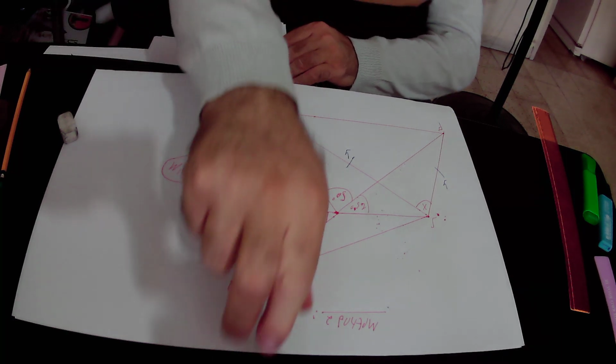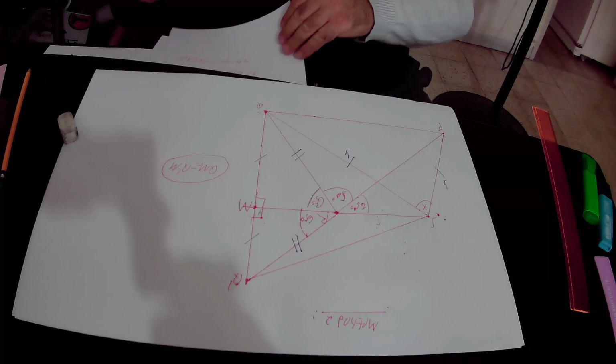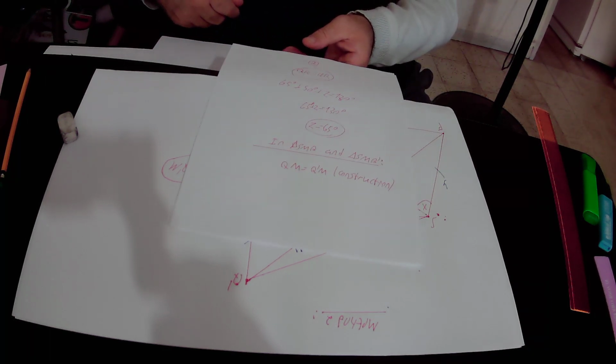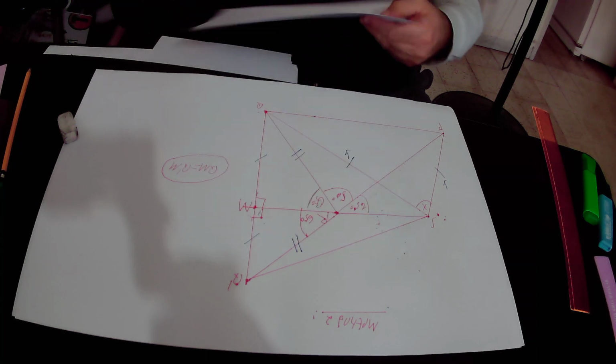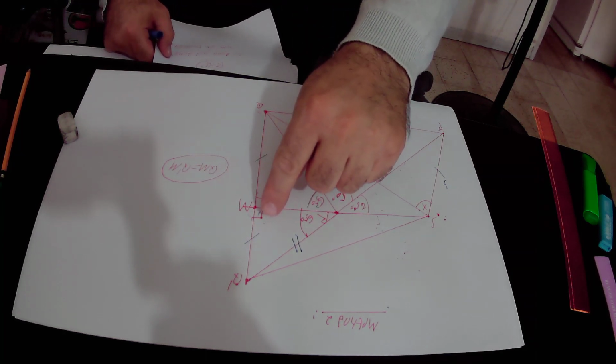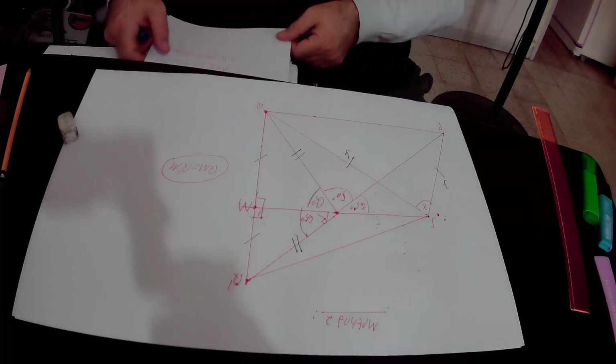Again, QM equals Q dash M according to our construction. And we know that those two angles are equal to each other, they are both equal to 90 degrees.